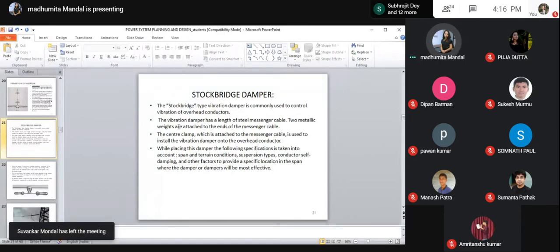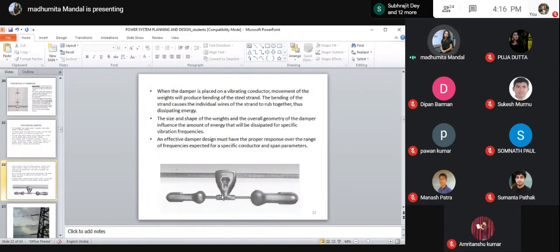Two metallic weights are attached to the ends of the messenger cable. If you see the picture, this is the stock bridge damper. The messenger cable is there, and at the two ends, two heavy metal weights are attached. This is the transmission line, or the conductor, and it is connected to the conductor like this.